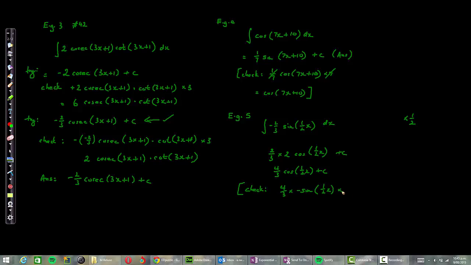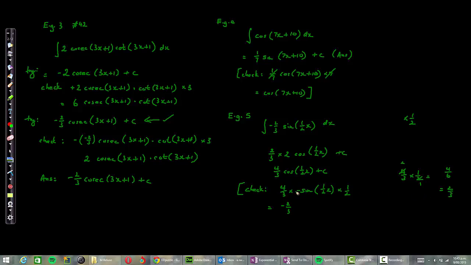Chain rule kicks in, so it's times a half, and that simplifies to half times 4/3, which is 4/6, which will be 2/3, and we've got a negative there, so those constants all simplify down to negative 2/3. 4/3 times a half is 4/6, or you could have cancelled the common factor of 2, which gives you 2/3 either way.